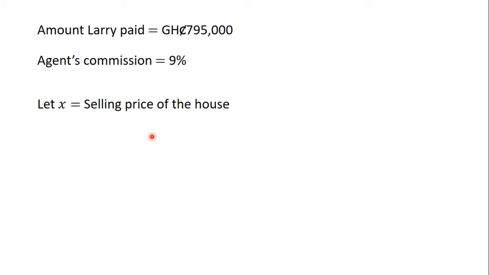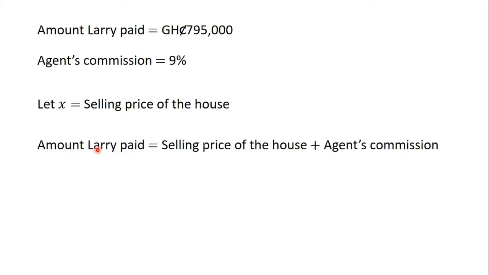As we have seen in the previous slide, Larry will pay for two things. Larry will pay for the selling price of the house and the agent's commission. So the total amount Larry paid is equal to the selling price of the house, which will go to the owner of the house or the seller, plus the agent's commission, which will go to the agent.